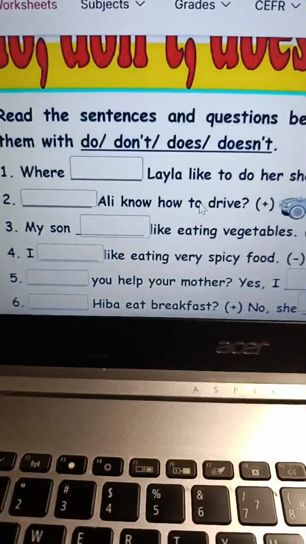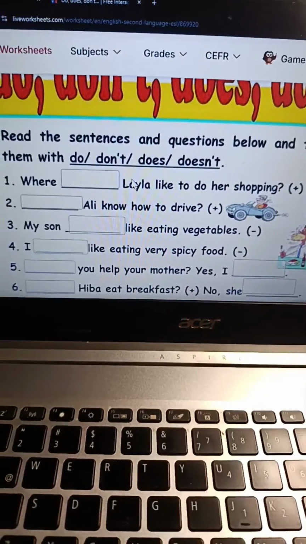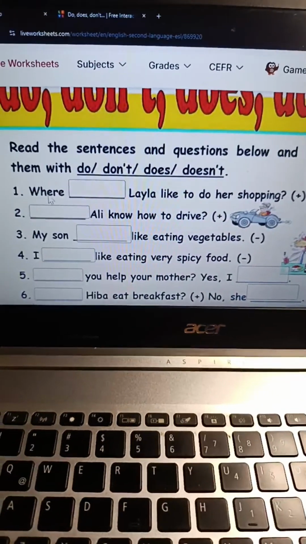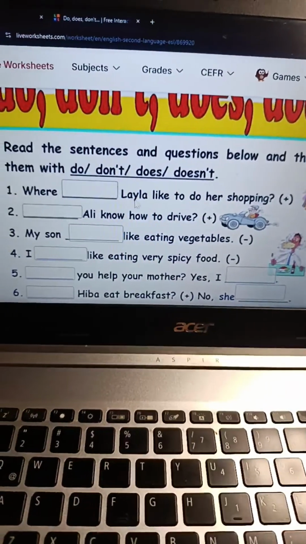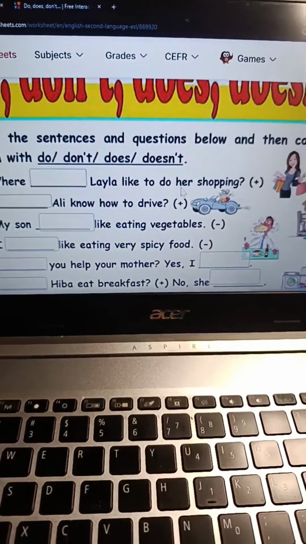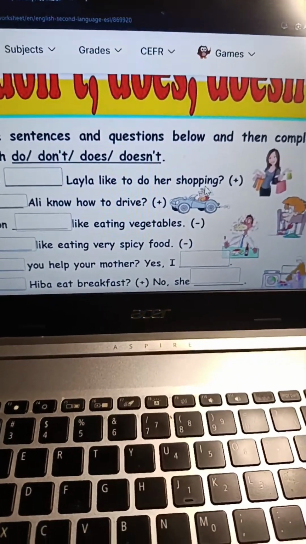So let's do this exercise together to practice English. Help me with exercise number 1. It says, where Layla like to do her shopping.